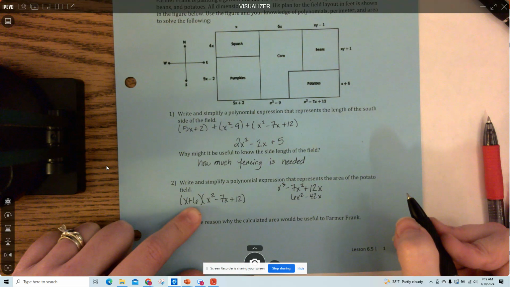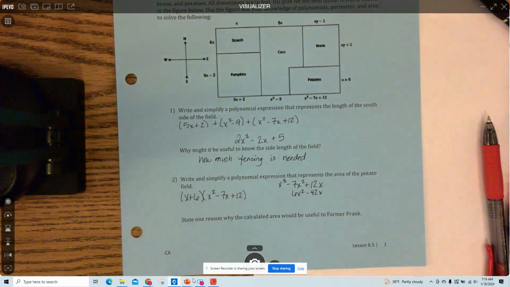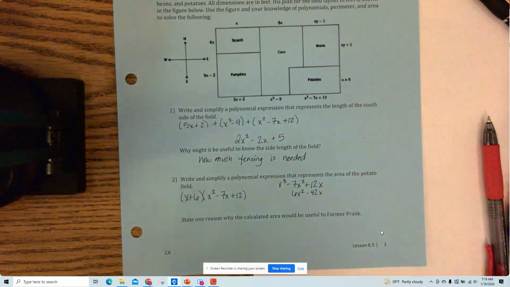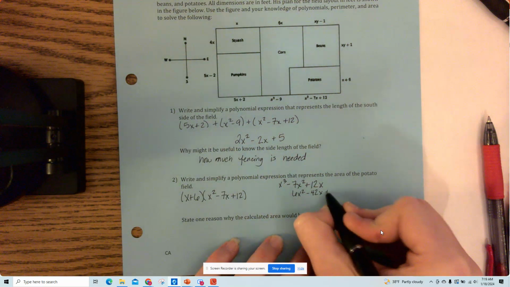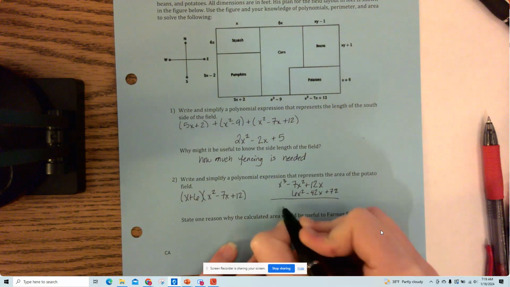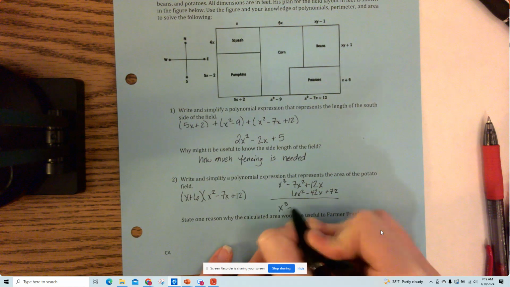Hang on, that doesn't sound right in my head. 6 times 12. Oh, 6 times 12. Try that again. 72. Sorry. I don't know where 96 came from. Plus 72. And then I can combine my like terms.